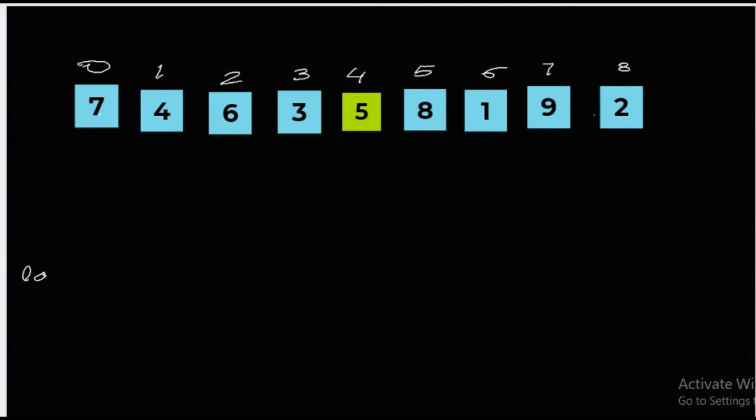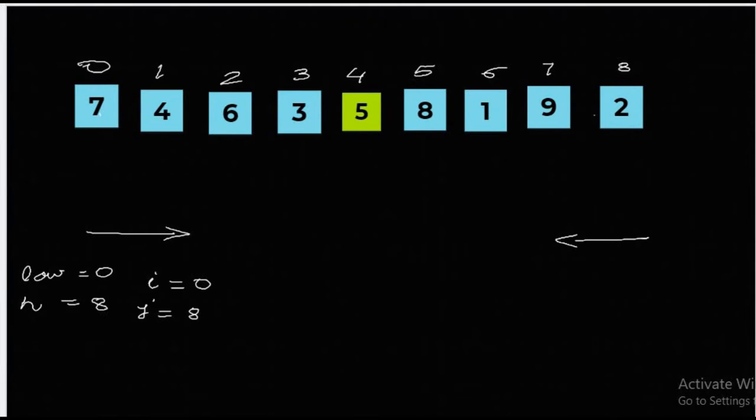Suppose low is equal to 0, the first index, and high is 8. We also take two pointers, i and j. We assign the value of low to i, so i becomes 0, and the value of high to j, so j becomes 8. We use these pointers to traverse the array: i moves in this direction and j moves in this direction. Initially j is at index 8 and i is at index 0.